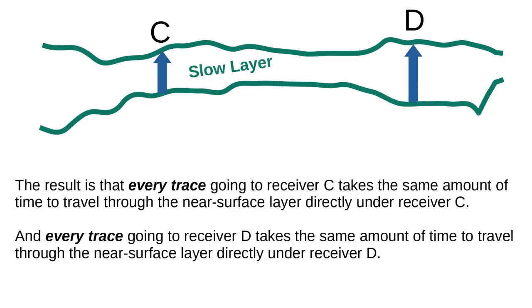The result is that every trace going to receiver C takes the same amount of time to travel through the near surface layer directly under receiver C. And every trace going to receiver D takes the same amount of time to travel through the near surface layer directly under receiver D.